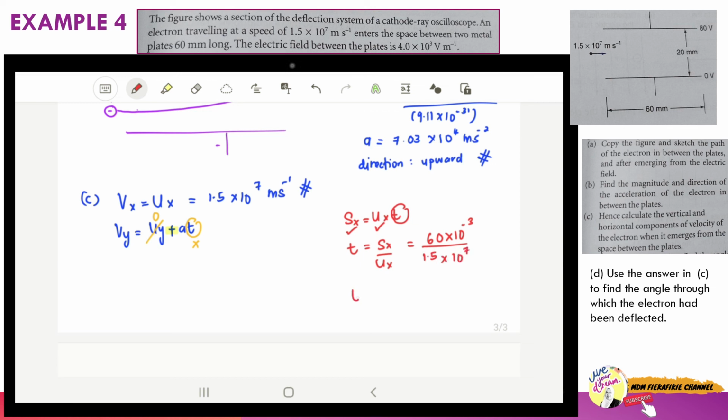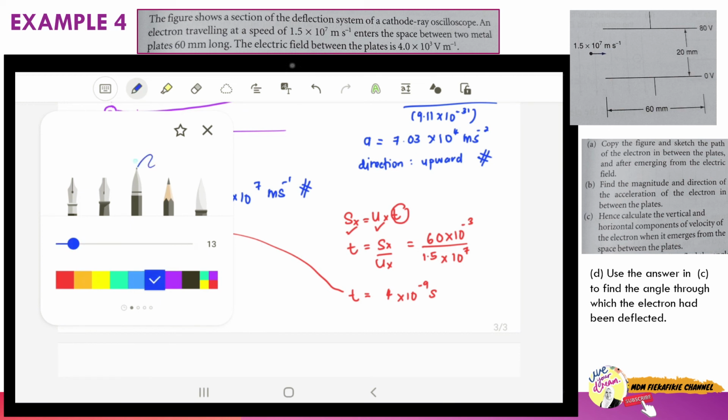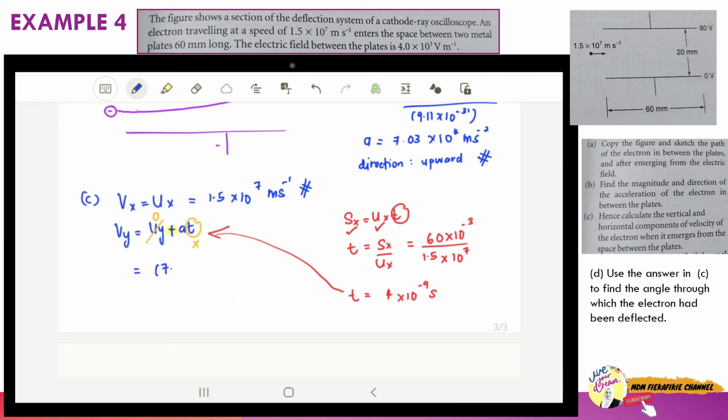Therefore, t is equal to 4 times 10 power of negative 9 second. Bukan, ini bukan jawapan. Masukkan kat sini lah. So now we substitute here. Therefore, Vy is equal to a, 7.03 exponent 4, times the time, 4 exponent negative 9. Vy is equal to 2.81 exponent 6 meter per second.